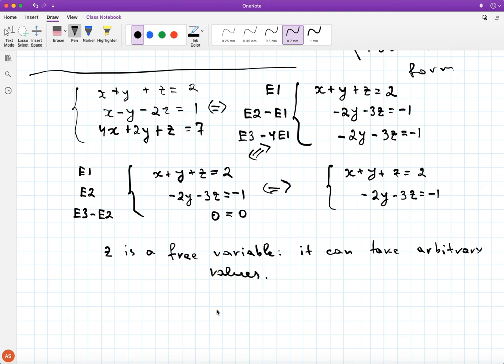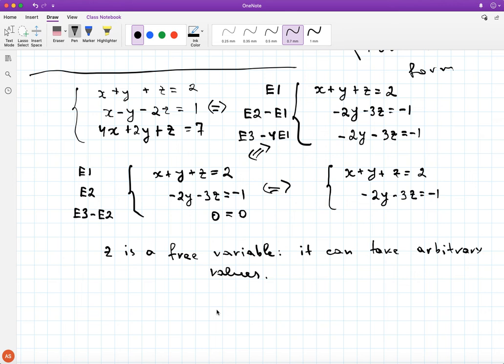Now, of course, you could say, well, why is it z that is a free variable? Why not y? And in fact, you could designate y as a free variable. However, if you choose y to be a free variable, then z is no longer a free variable, because once you choose the value for y and plug it into the second equation, the value of z will be determined uniquely by the value that you selected for y.